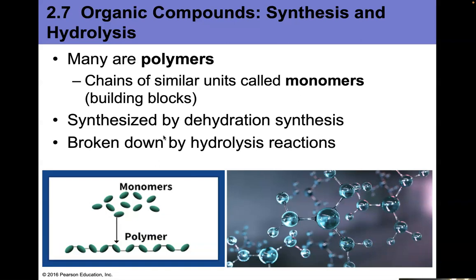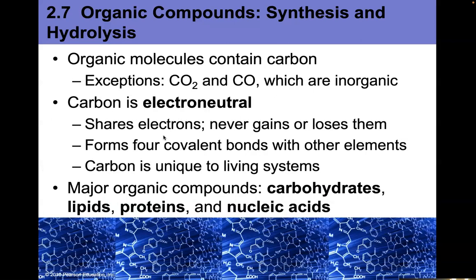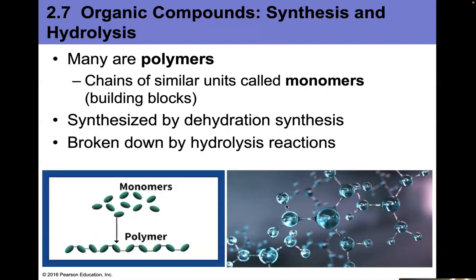Now, all of these organic compounds are going to be synthesized and broken down in the same type of reaction, which is kind of cool. So all 4 of these molecules are made in the same type of reaction, and they're broken down with the same type of reaction. Kind of cool, right? Makes it a little less that you have to remember.